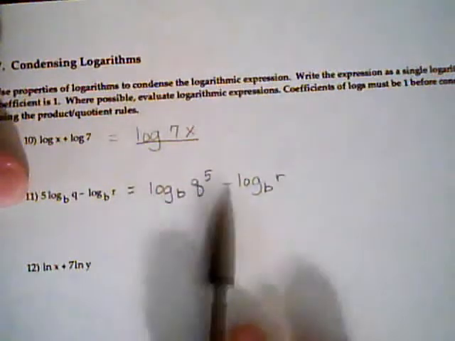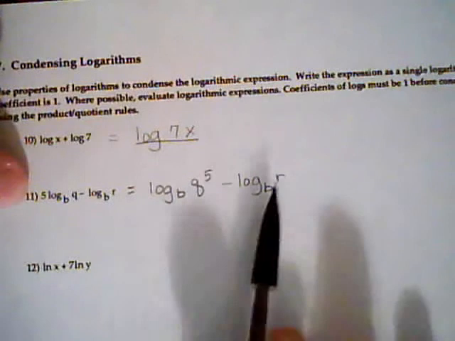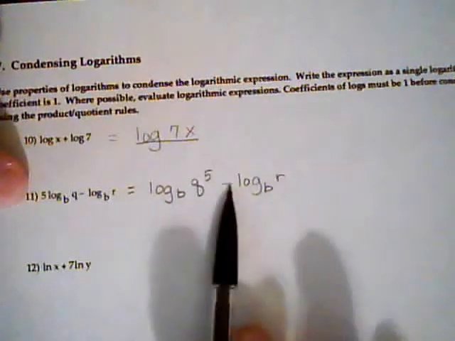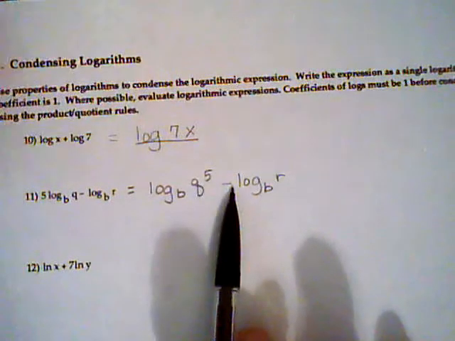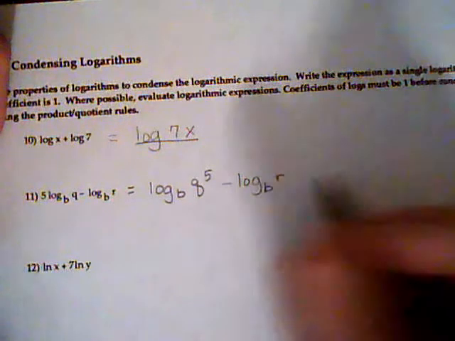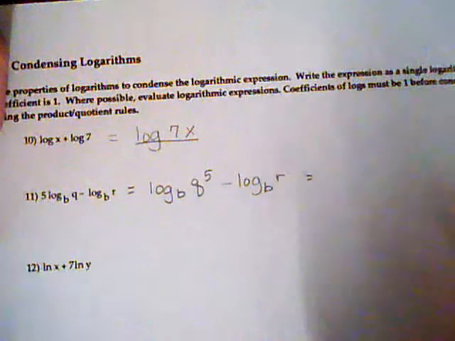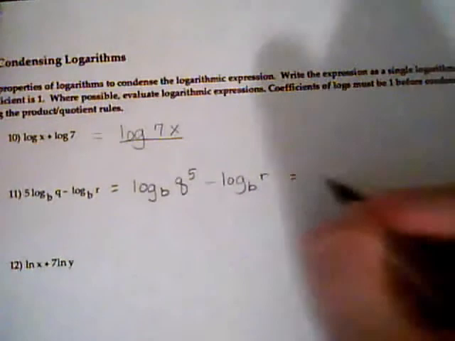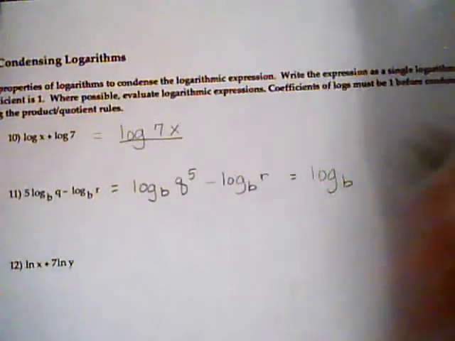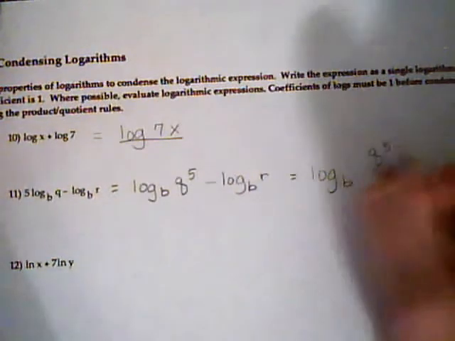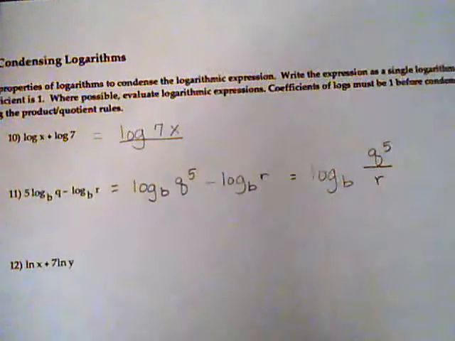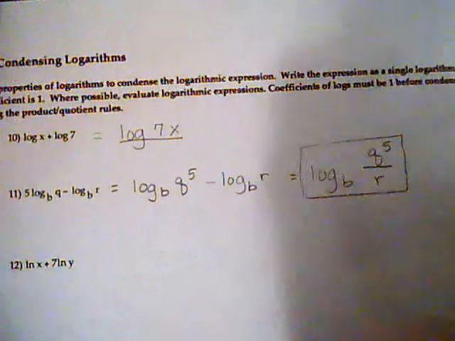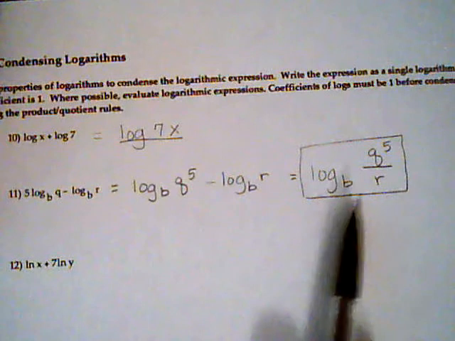So now that I have a difference of 2 logs with the same base, this is the opposite or kind of the reverse of our quotient rule. So I could write this as a single log, which would be log base b of q to the 5th over r. And again, we can't simplify any further, so that would be as far as you can condense.